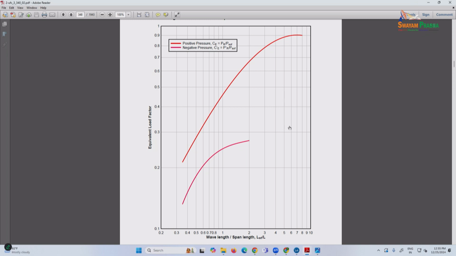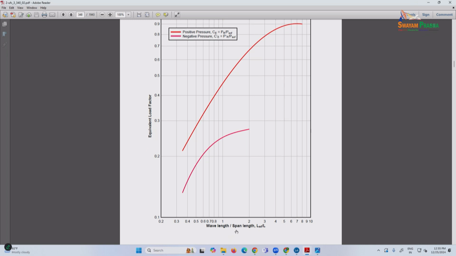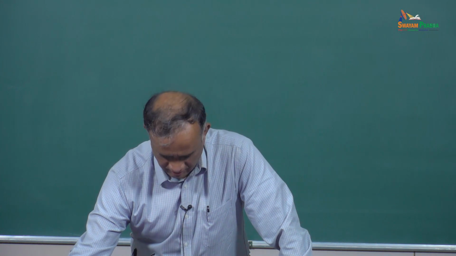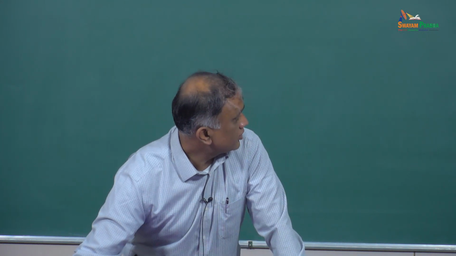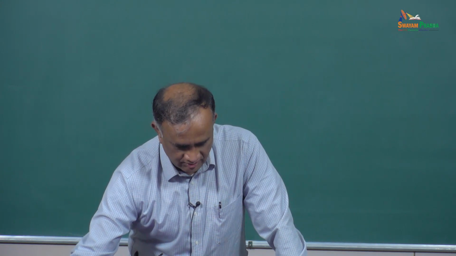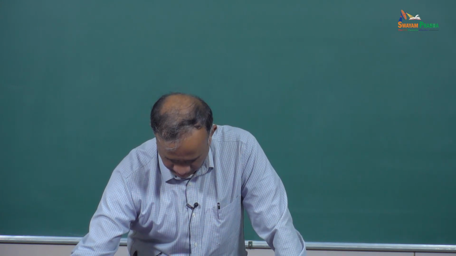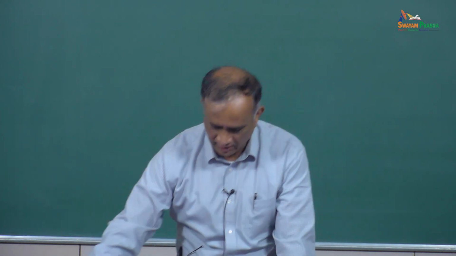So it's 5. No, I don't think so. Anybody? So here, if you see, this is wavelength divided by span length. Wavelength is 23.7, span is 11. Okay, so 2.51.